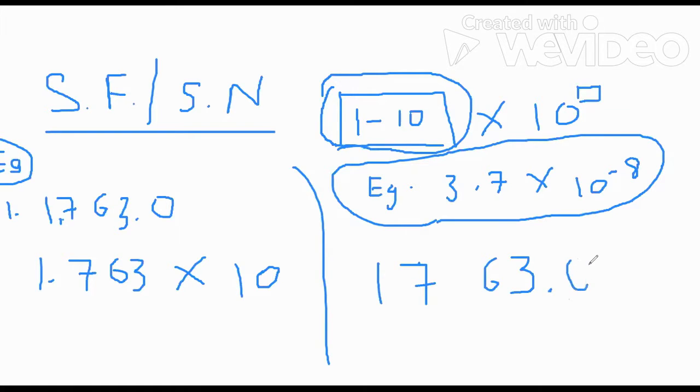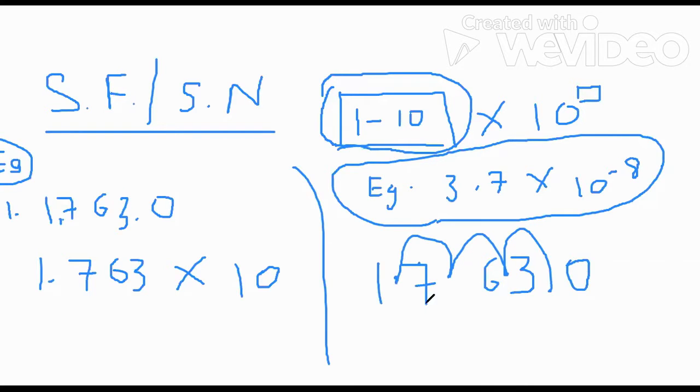If I put the point right here, how much money is that? $176. If I put it right there, how much is that? 17. If I put it right there, how much is that? $1.76 and some change.